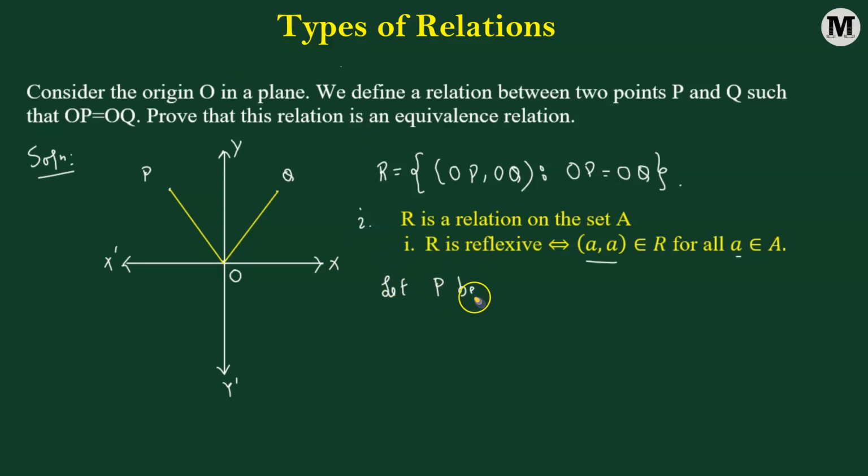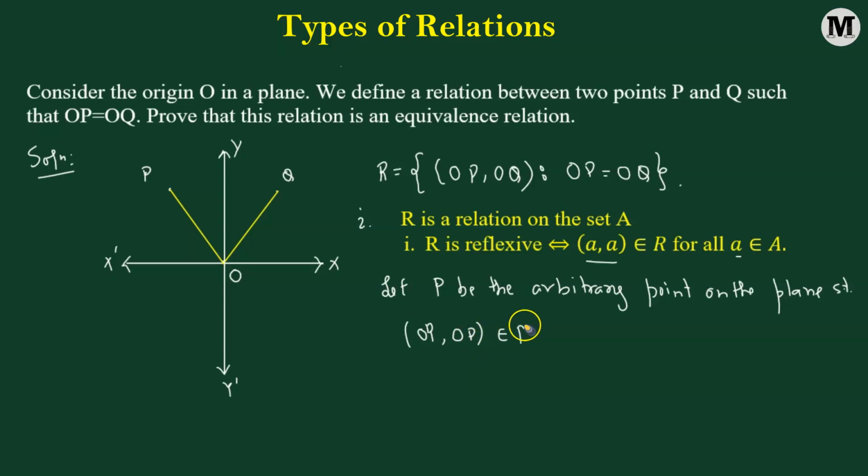So here, we're going to choose an arbitrary point on the plane. Let P be the arbitrary point on the plane, such that if we consider the ordered pair (OP, OP), the second element in that ordered pair is also OP. For this to belong to the relation R, it would simply imply that OP equals OP, since the relationship between the two elements of the ordered pair is OP equals OQ.